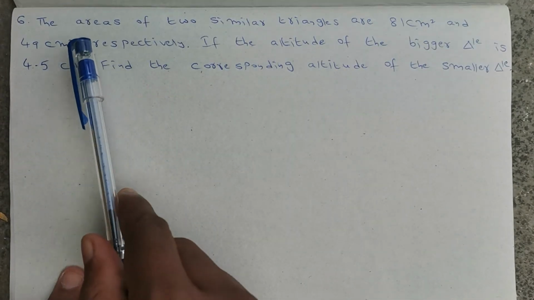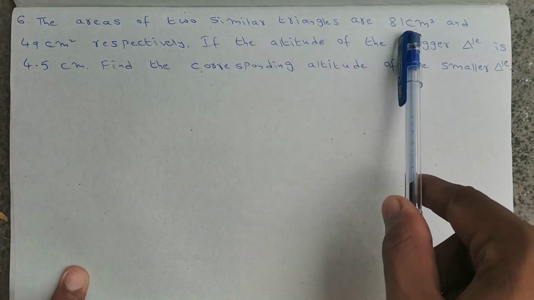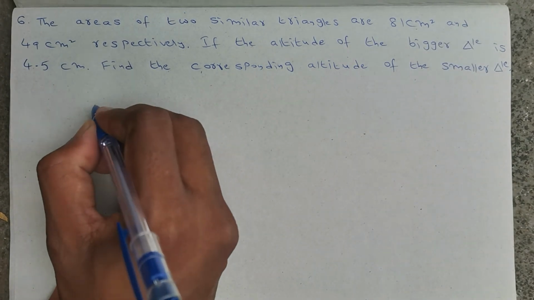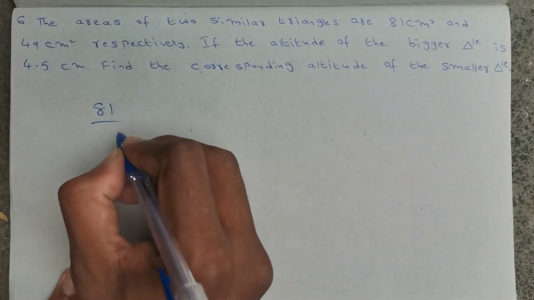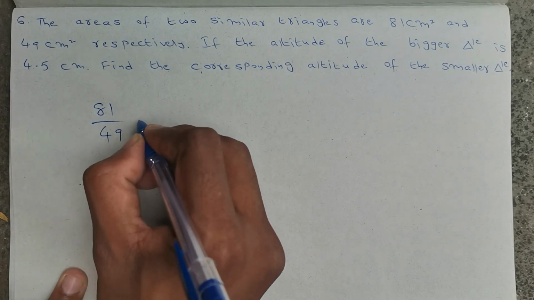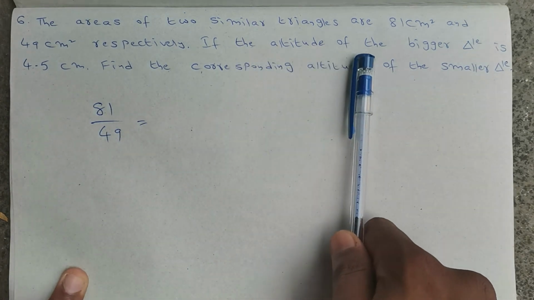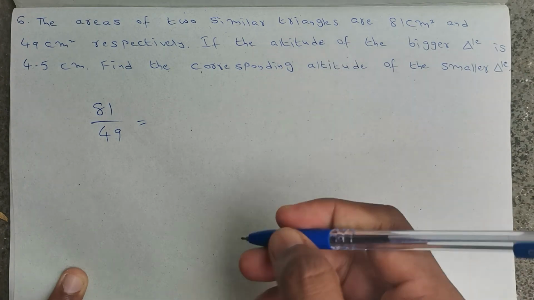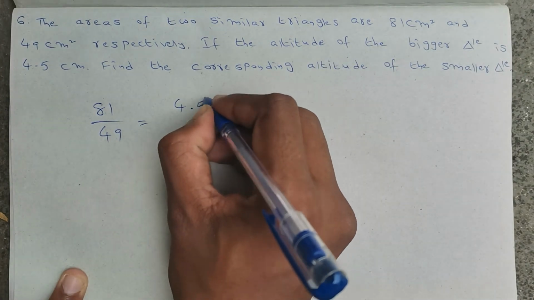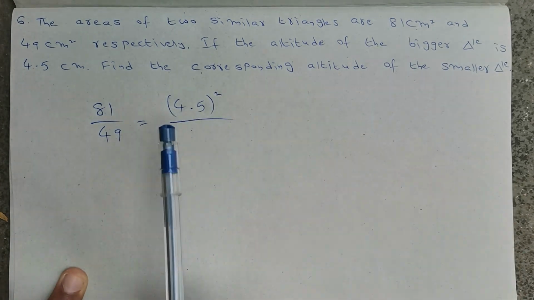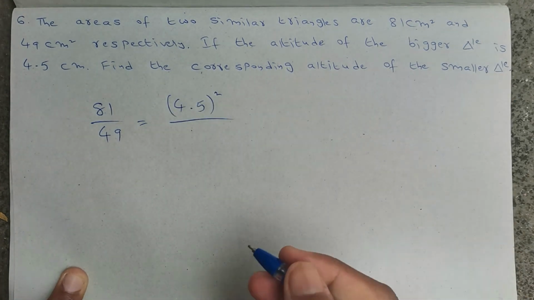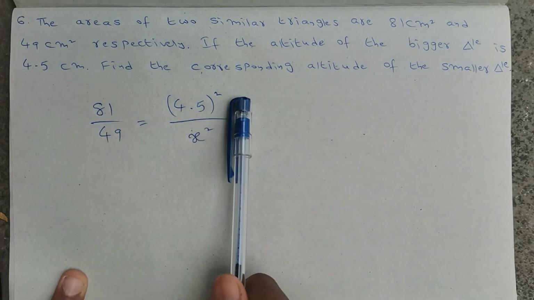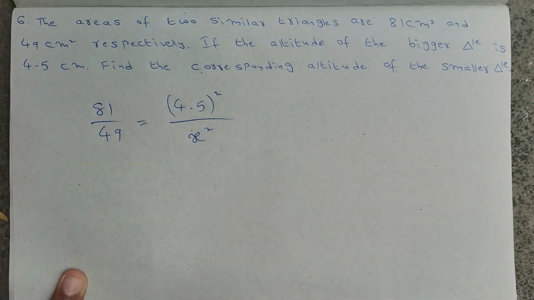Next, question number 6. The areas of two similar triangles are 81 centimeter square and 49 centimeter square. So area of the first triangle 81 divided by area of the second triangle 49 is equal to, if the altitude of the bigger triangle is given, so 4.5 square divided by the corresponding altitude of the smaller triangle, some x square. Area by area is equal to squares of the corresponding altitudes.